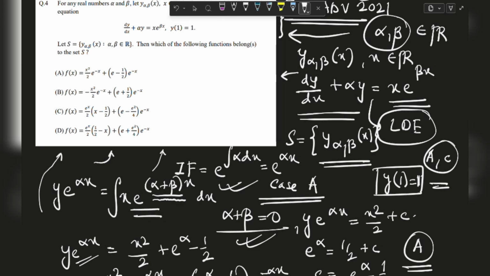In the exam hall, when people observe this alpha plus beta and all this ruckus, there will be a category of people who will try to differentiate these equations. And while differentiating, every person has a minimum amount of IQ also. So anybody can guess that among A and B one will be correct, among C and D one will be correct. So if you differentiate one of these equations, you can somewhat arrive at this, okay?